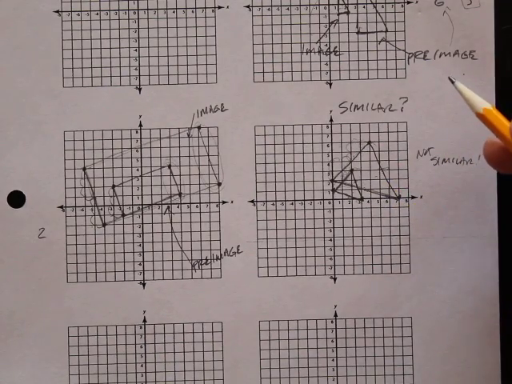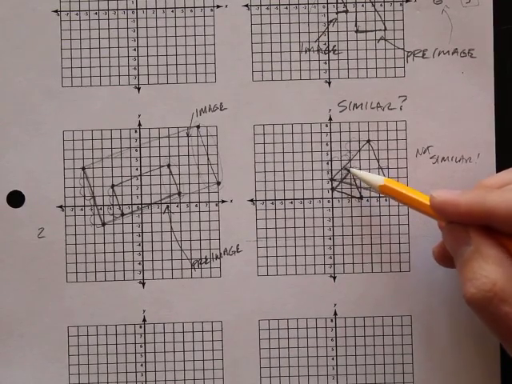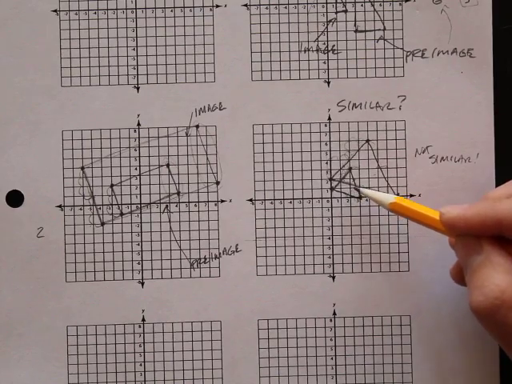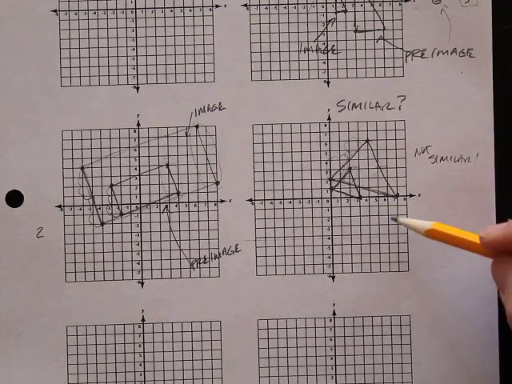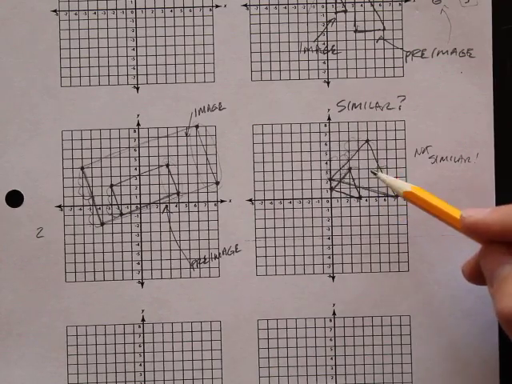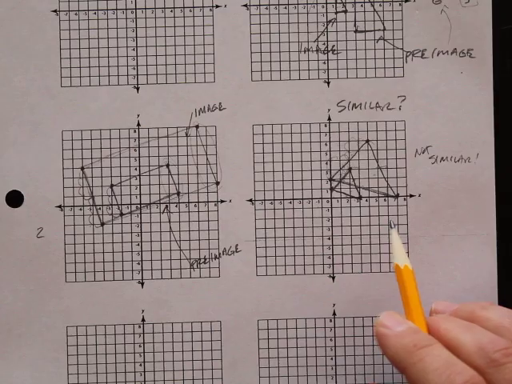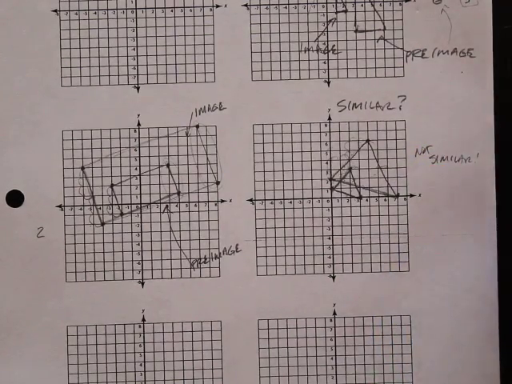But in this case, if these ones are the same, then these ones need to be the same as well, or they need to be opposites of one another. Anyway, these are not similar. Unless they are. No, they're not.